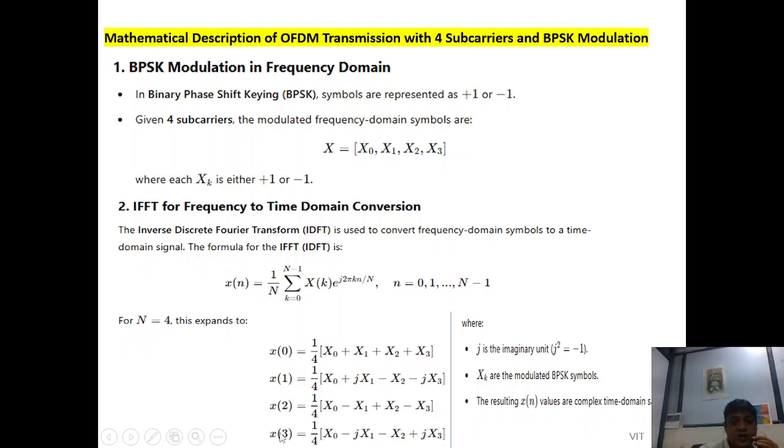All these time domain samples are a combination of the frequency domain samples X0, X1 and so on. That's what X_k is: the BPSK modulated symbols. Keep that in mind.